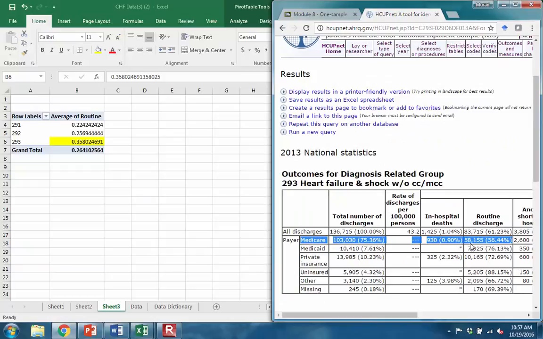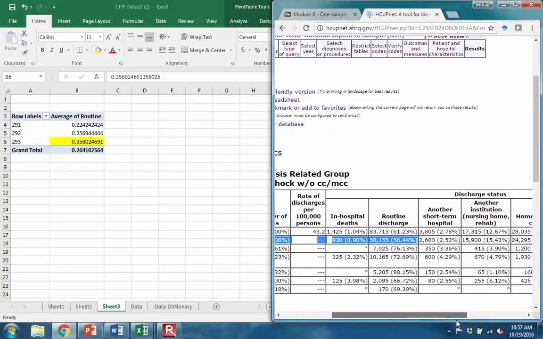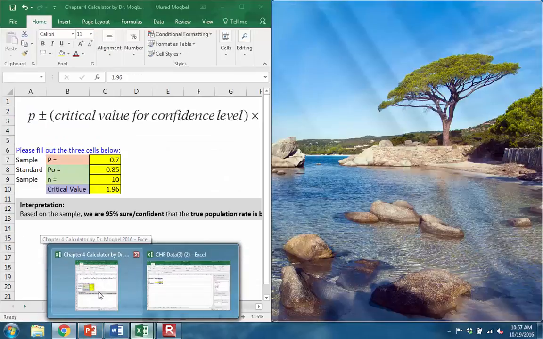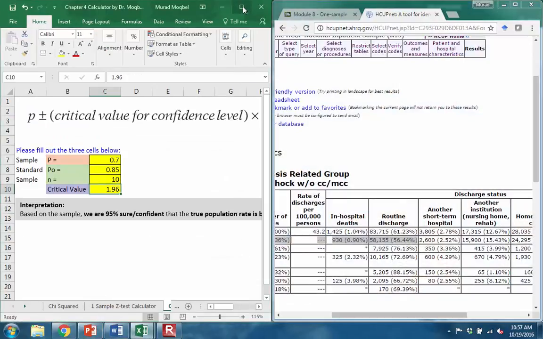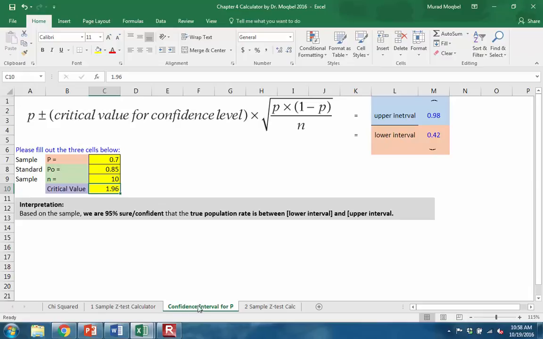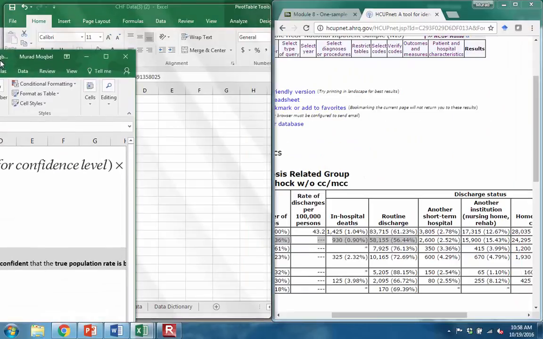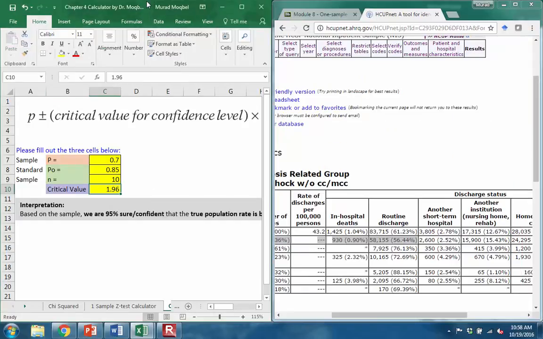Alright, so now I have identified the routine discharge, and I have identified also the sample proportion and the standard proportion. So all I need to do now is to go to the calculator that we have, where it says confidence interval calculation. So I need where it says sample.